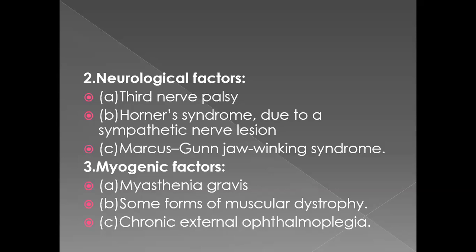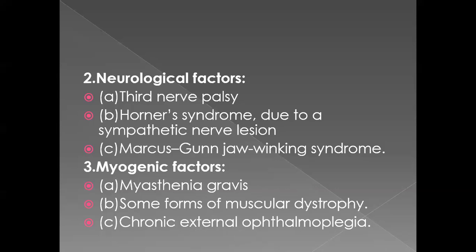Whenever there is third nerve palsy, it will cause ptosis. The other muscle, Muller's muscle, which opens the eyelid, is supplied by the sympathetic plexus, and whenever there is a lesion in the sympathetic plexus, like Horner syndrome, it will lead to drooping of the eyelid.